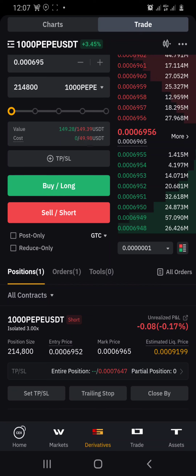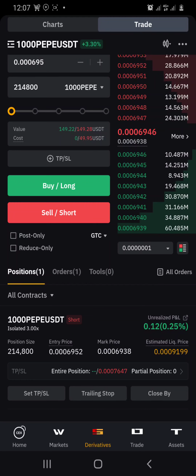I've been on this trade for the past 2 weeks or so, if my memory serves me right, and my profit is already times 3 point something.